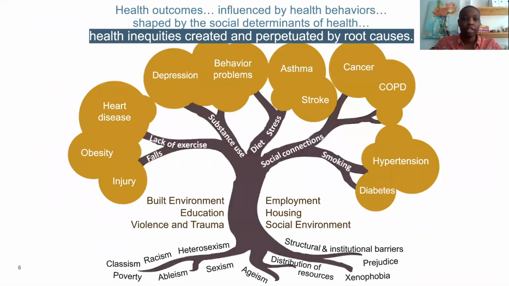As the vision of the fund is to transform Mass communities so all residents have an equitable opportunity to have the highest quality of life possible, we believe in the importance and acknowledgement of this visual, which we've informally referred to as the health tree. At the top of the screen, you'll see the text health outcomes, which are the leaves of the tree, which are influenced by health behaviors, the branches of the tree, and are shaped by the social determinants of health, the trunk of the tree, and the health inequities are created and perpetuated by root causes.